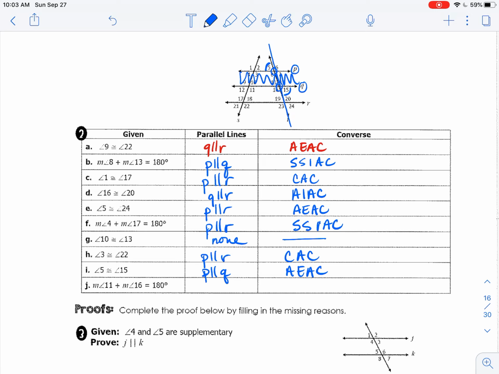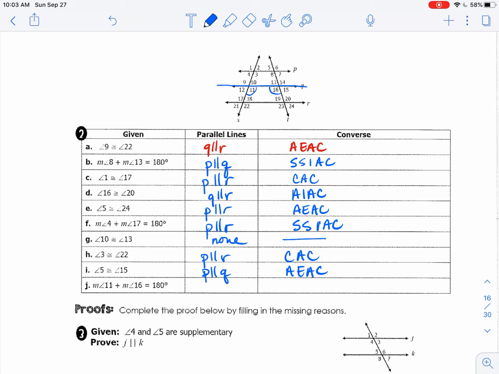All right, and then my last one, the measure of angle 11 and 16 are 180. So I know I'm looking at some supplementary. 11 and 16. Here's the transversal. 11 plus 16 are 180.